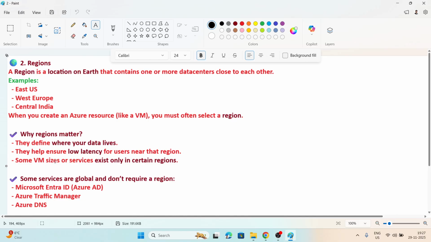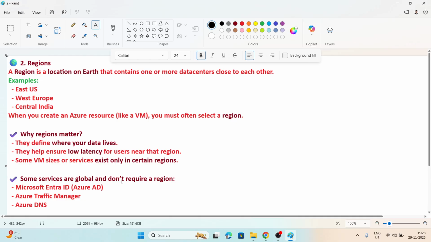Then some VM sizes or services exist only in certain regions. So there are fewer options available in some regions, where we can't create all types of virtual machines with the same configuration. So there are some limitations, but they are very few.